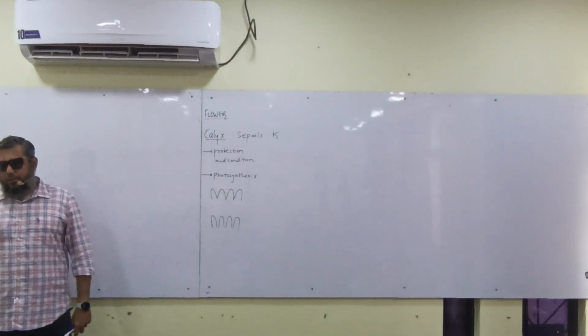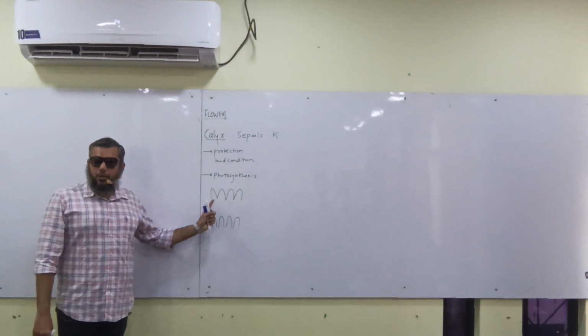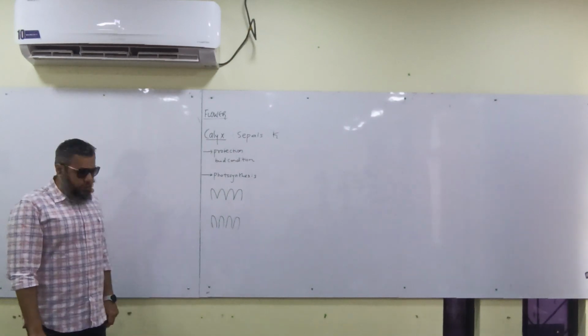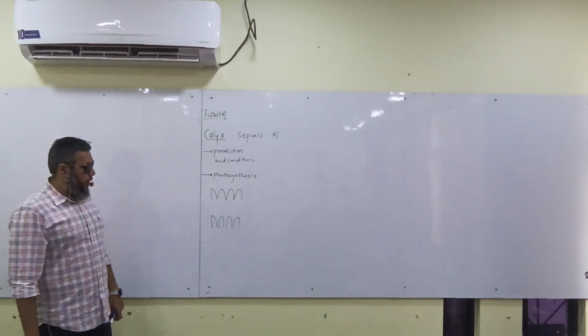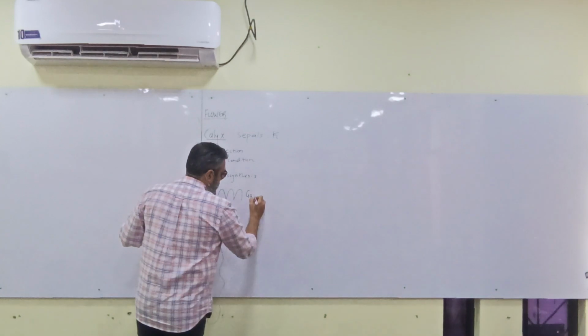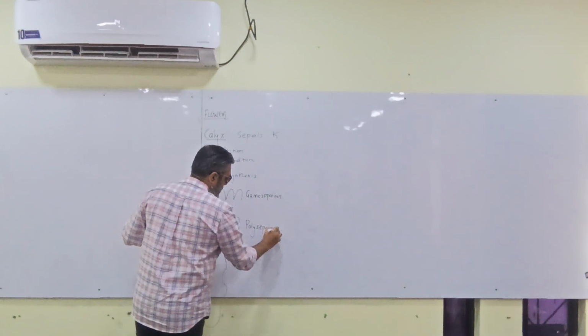Did you understand my language? Yes. क्या बोला मैंने? ऊपर वाले डायग्राम में सेपल्स नीचे एक दूसरे से यूनाइटेड है और नीचे वाले डायग्राम में एक दूसरे से फ्री है. So when they are united at the base, the condition is called gamosepalous. And when they are free at the base, the condition is called polysepalous.